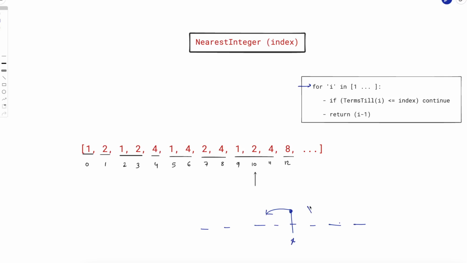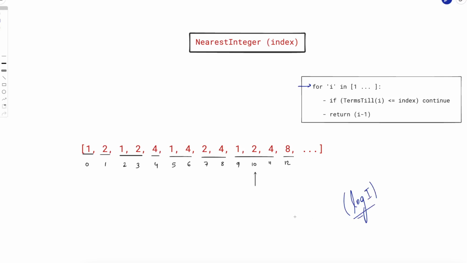So you can completely skip the right half and search in the left half. But if the number of terms is less than or equal to index, then you will simply search in the right half. You can skip the left half, right? So that's how you can simply apply binary search and convert this entire thing to just log of index, and that is also efficient, right?